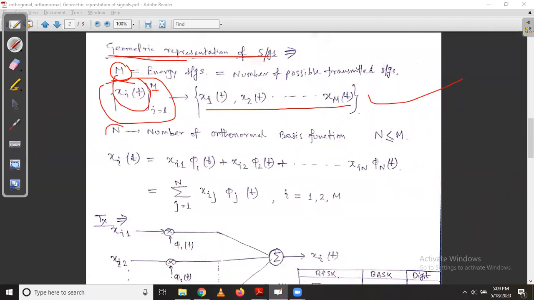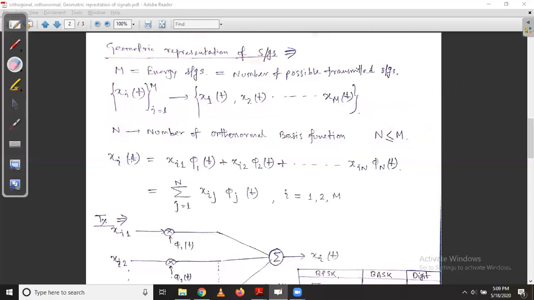Then capital N is the number of orthogonal basis functions, that is phi. And there is a condition: N will always be less than or equal to M. That means the number of basis functions will be less than or equal to the number of message points, that is, the number of signals. So that is the definition of capital M and capital N.